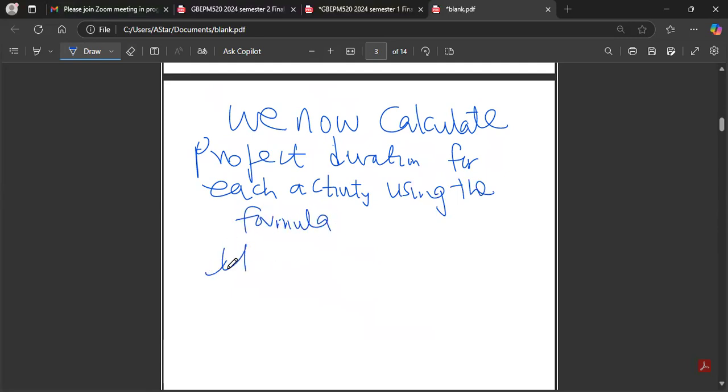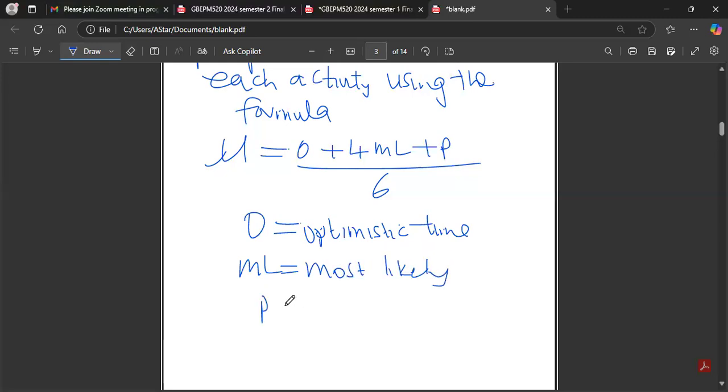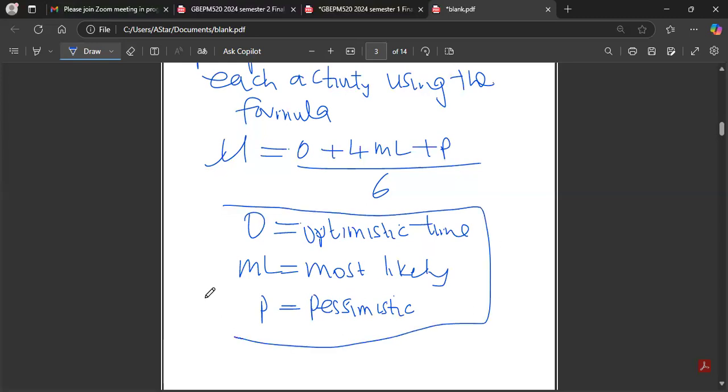So our mu is equal to O plus 4M plus P over 6. What is O? Optimistic time, right? Then the other one is most likely time. Then P is what? Pessimistic. Are we together now?